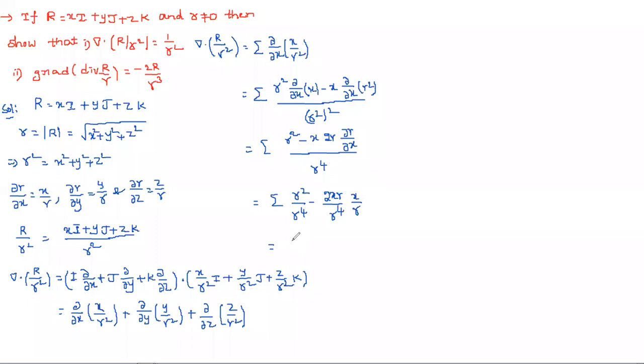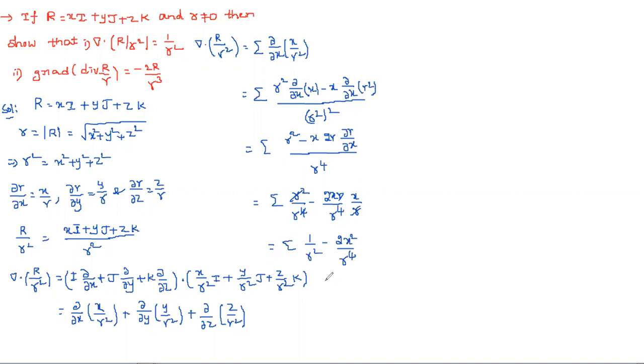If you observe that summation, here we get r square and 2 cancel, then 1 by r square minus, here r both will cancel, and then simply x into x is x square. So 2x square by r power 4. So if you apply with respect to x, we got this derivative, right? This is the one we got after applying partial derivative with respect to x.